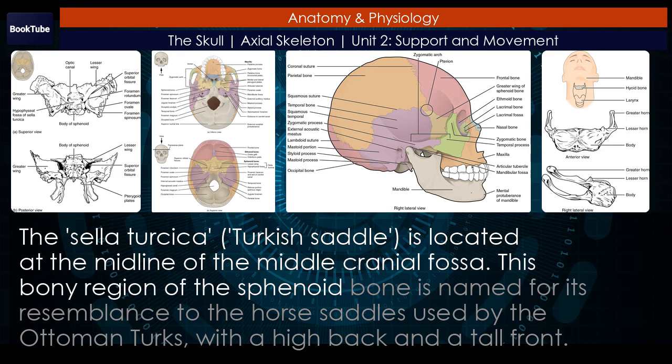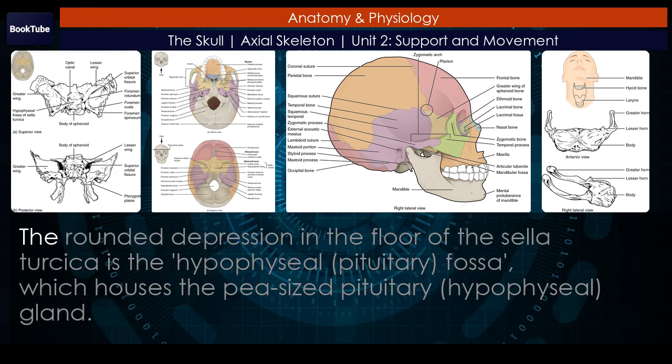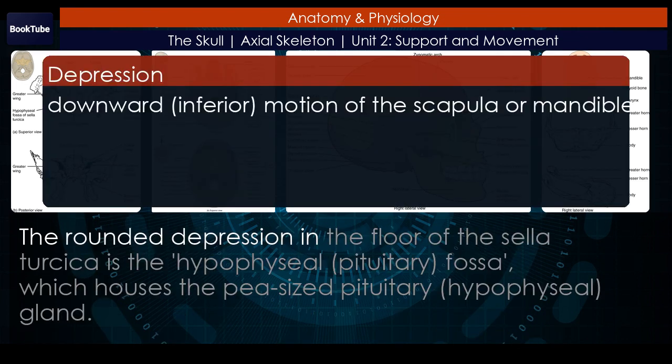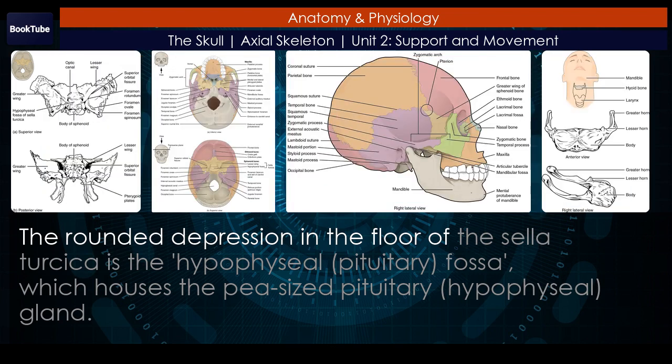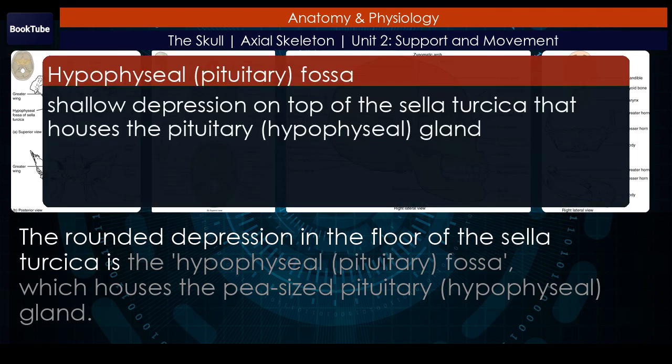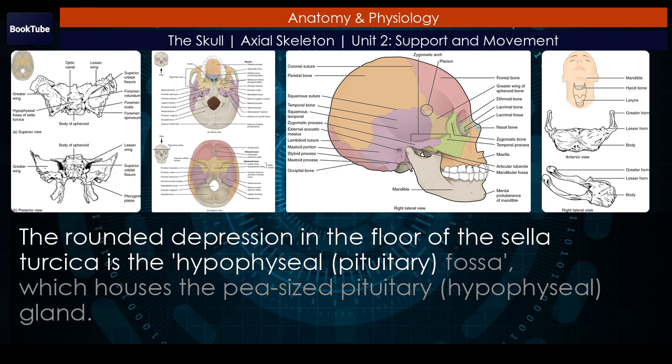This bony region of the sphenoid bone is named for its resemblance to the horse saddles used by the Ottoman Turks, with a high back and a tall front.